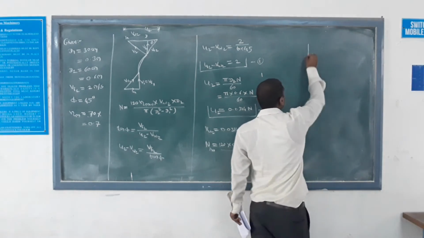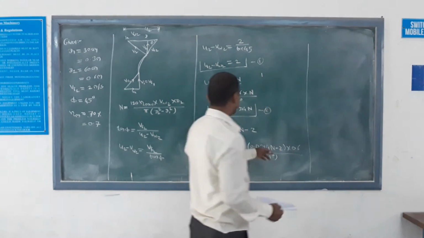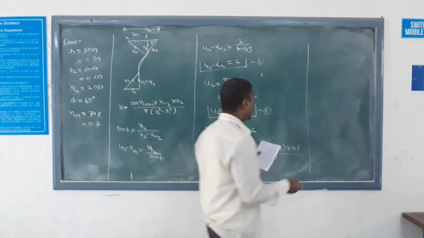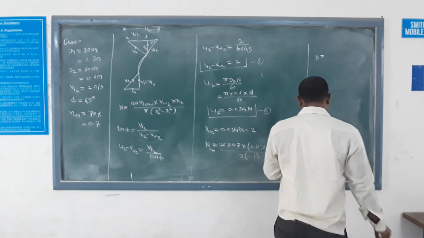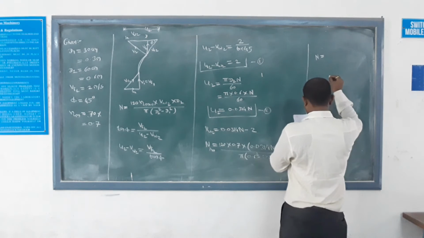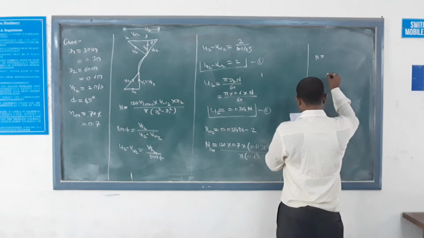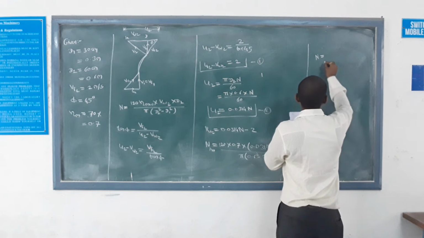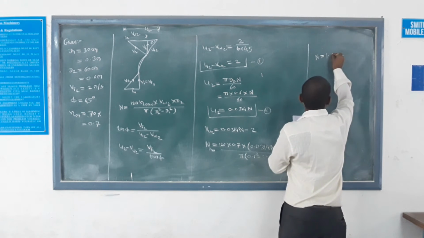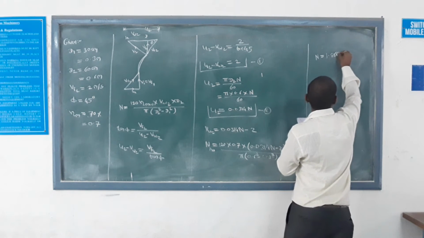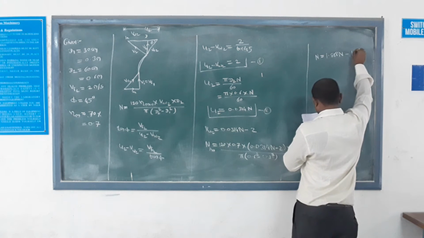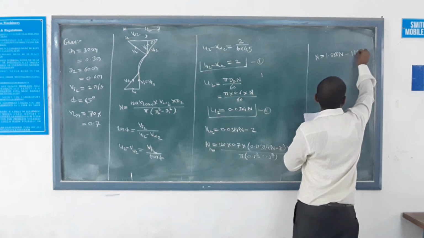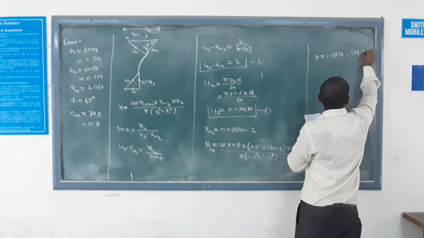So in this way, the only unknown is N here. So N equals 1.866 N minus 118.34.